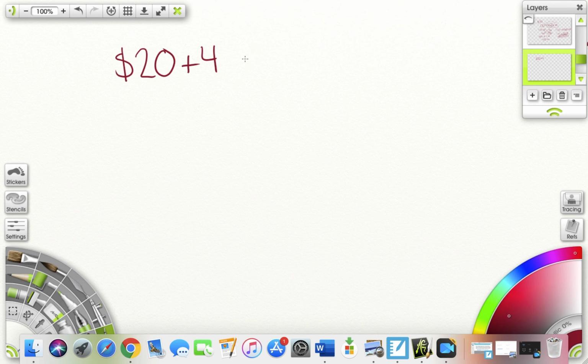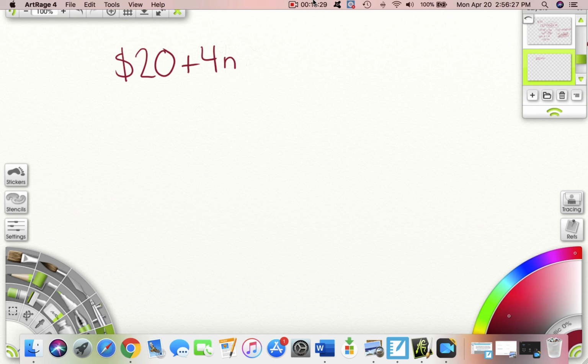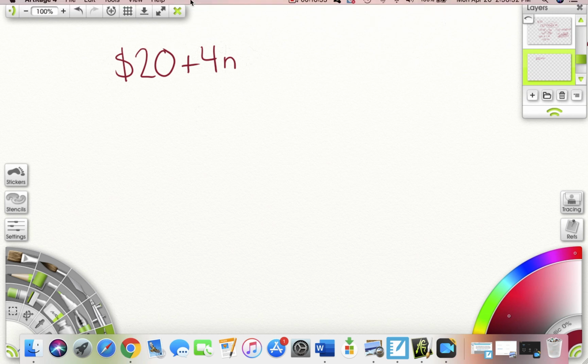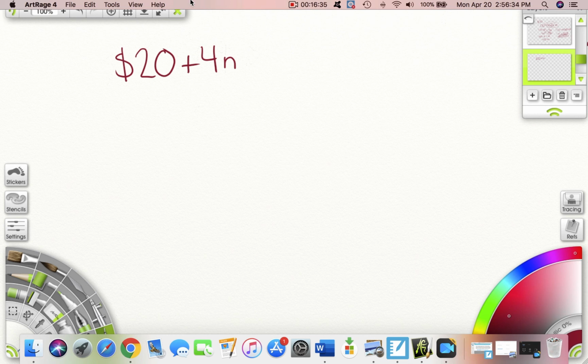I don't know how many weeks she put in, so that's going to be my letter expression. So N represents the number of weeks because I don't know how many weeks she's been doing that for. But $20 was the starting amount. That $20 is going to be the outlier in this situation because I'm not multiplying that $20 by anything. It was already there, and now I'm just doing 4 times the number of weeks. So that's student A.